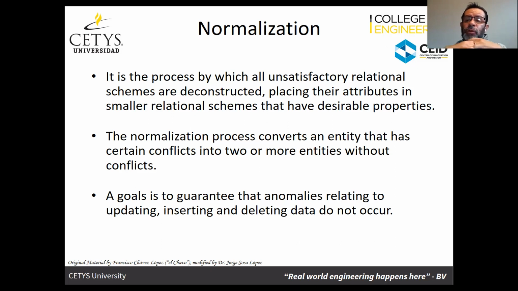Remember that the relational model is, in the end, the set of tables that contain the structure for the different entities with their attributes, as well as the relationships and cardinality.